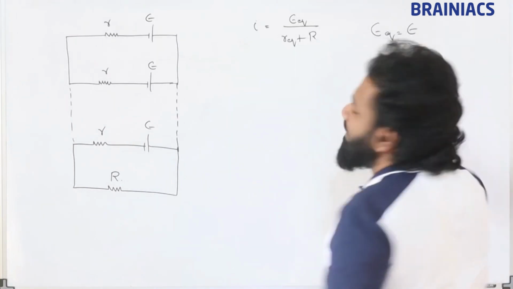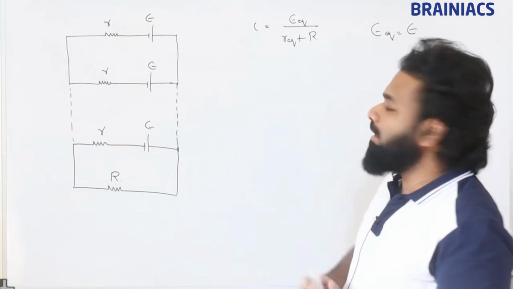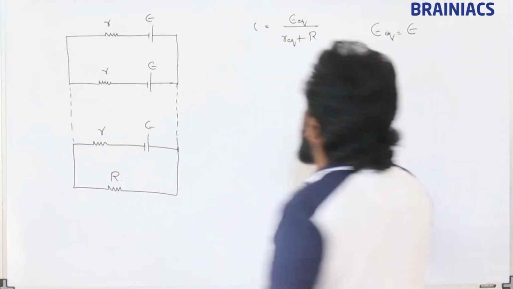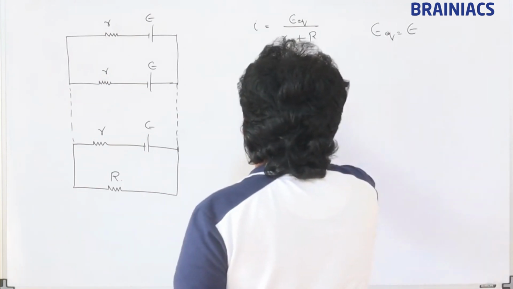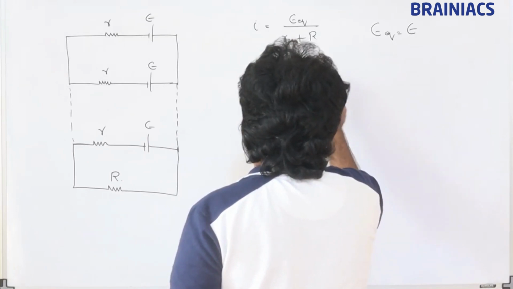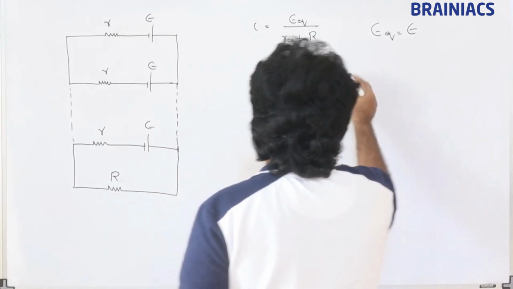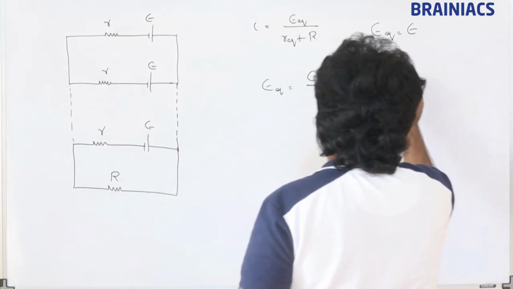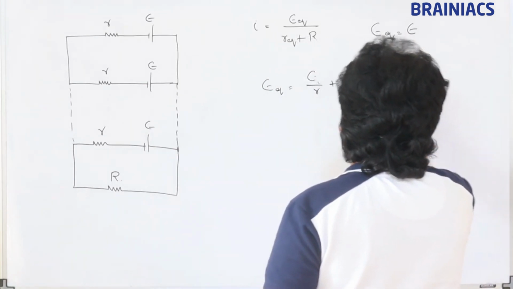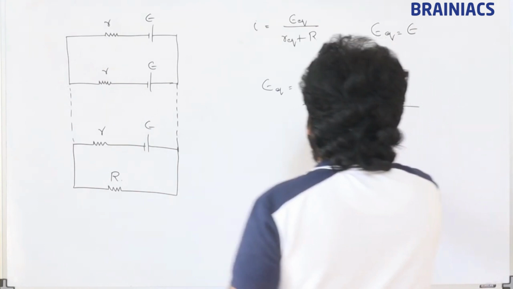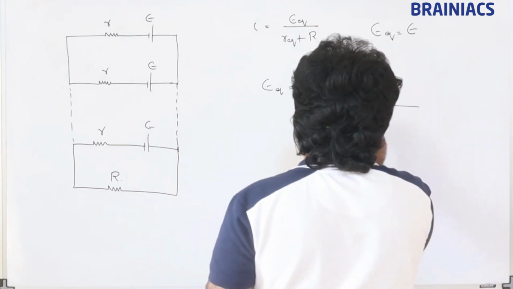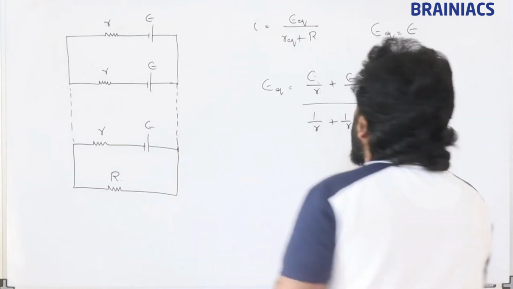E equivalent is E itself. We have already seen E equivalent is E divided by r plus E divided by r, likewise nE divided by r, and this is nothing but 1 by r plus 1 by r plus 1 by r.